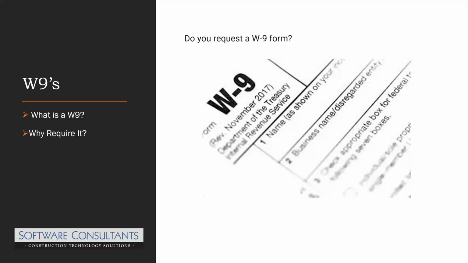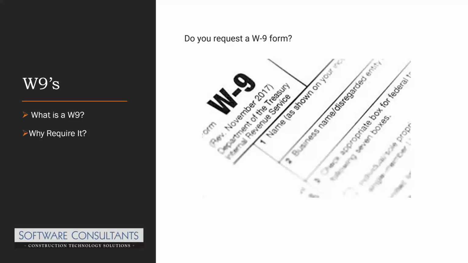And it's really important that you do collect these. The reason is because if, say for instance, you paid a vendor $600 or more, and you issued them a 1099, and you did not have their correct address or their correct company name, and you're processing your 1099s out of Sage 100 Contractor, if the IRS cannot contact that company to collect income tax or reconcile that they're putting that money on their own personal income tax return, then you're going to get notification as your company, because you're the one that sent it out.